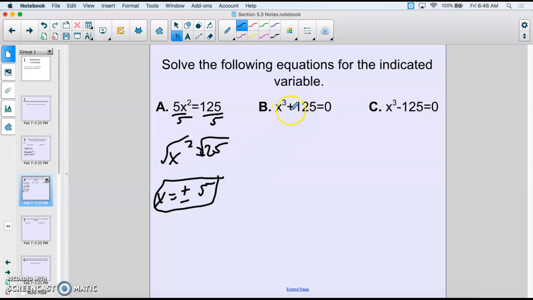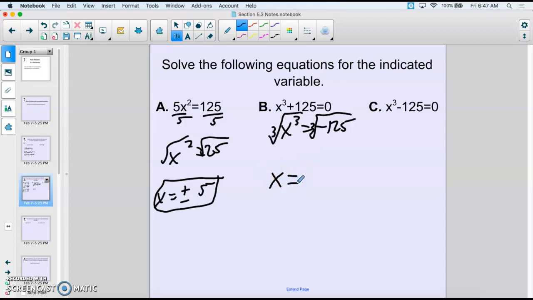For this one, I'm going to subtract 125, so we get negative 125. Now, how do you undo a cube? Well, the way you undo a cube is to cube root the number. All calculators are different.